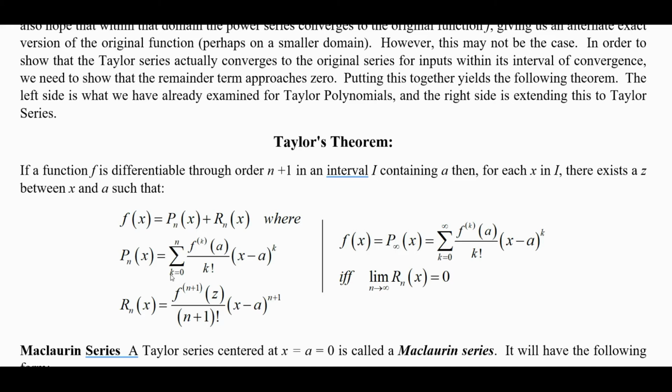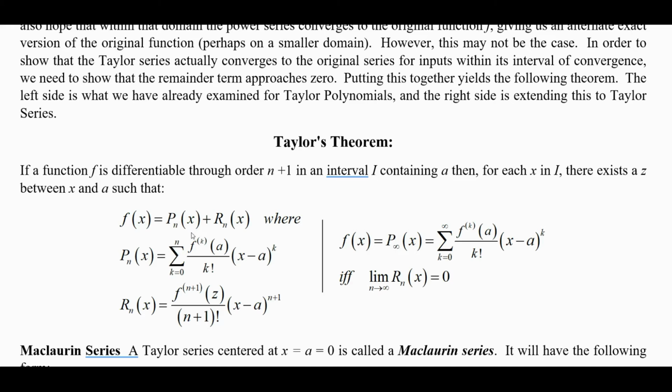P sub n is the sum from k equals 0 to n of the kth derivative of f evaluated at a over k factorial times x minus a to the k. Here we're assuming that when k equals 0, the 0th derivative is the function evaluated at a, and that x minus a to the 0 is 1 even when x equals a.